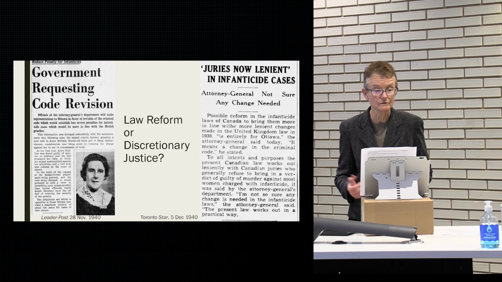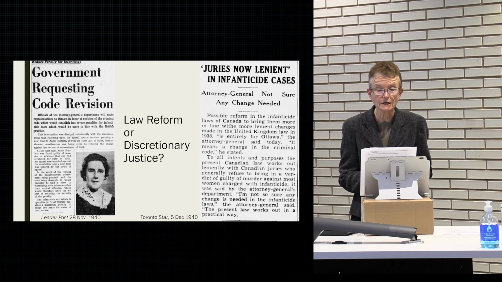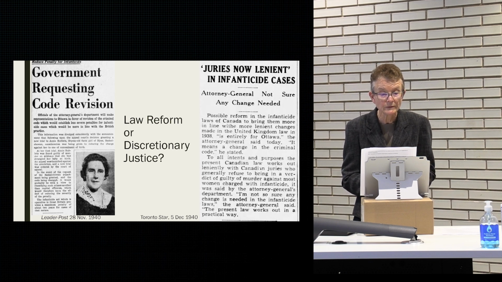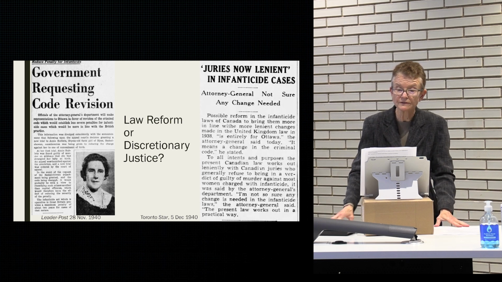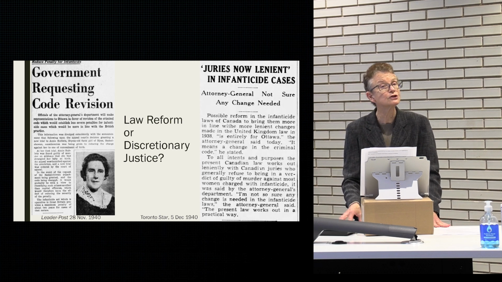However, the shift toward a less discretionary, more formal solution began in 1946, the year the CBA began to advise the government on bringing greater uniformity to the criminal law. That was the same year the professional body recommended modifying the law of culpable homicide legislatively to incorporate infanticide as a non-capital offense.